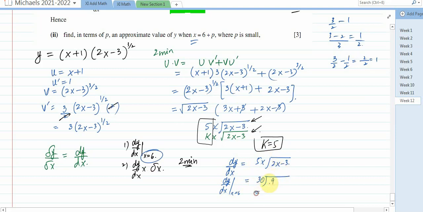So 30 and root of 9 is 3, so 30 times 3 is 90, that is my dy over dx. Change in x is what? It's p. So change in y is 90 times p, and that is your answer.